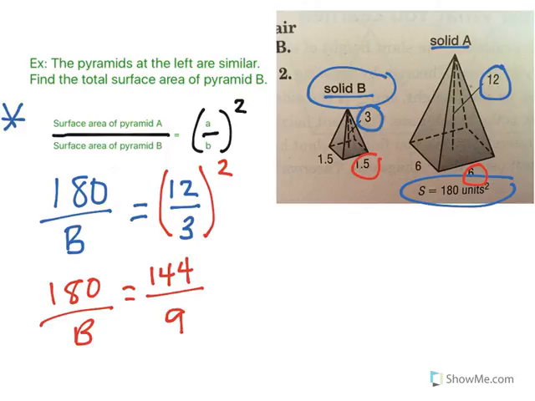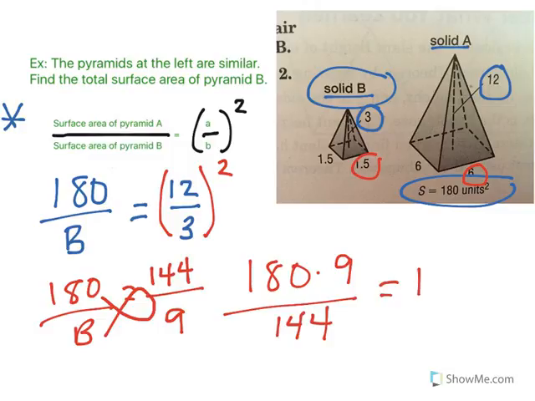So again, I can just use that fish method and take 180 times 9 divided by 144, which is going to be equal to B. Hopefully you remember this from the other chapters. So we would take 180 times 9, we get 1,620, and we're going to divide that by 144.